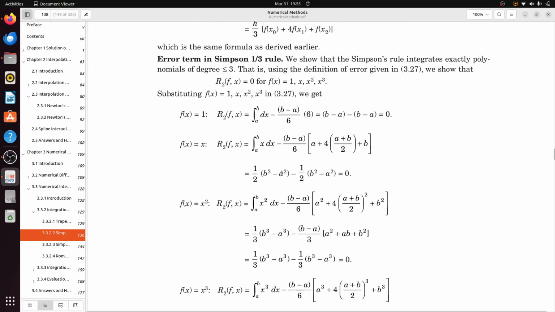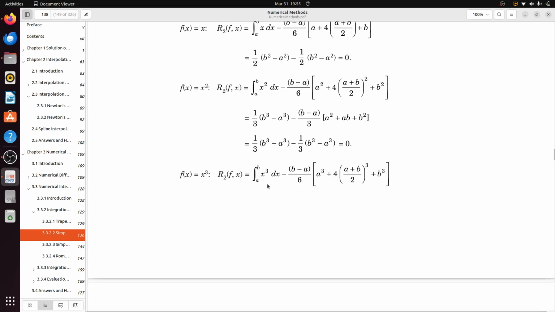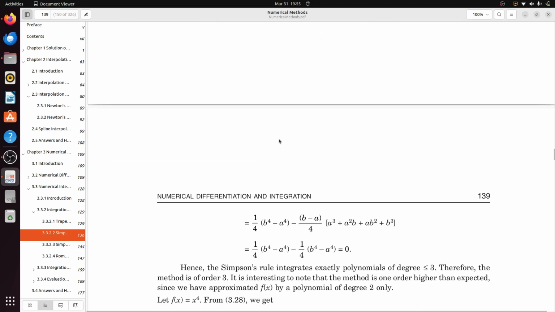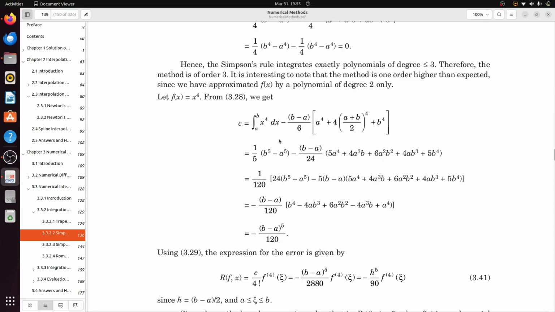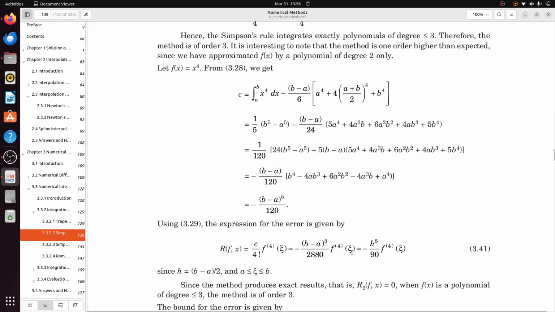Also the error term in Simpson's rule. In Newton's divided difference formula, the error term in Simpson's rule is minus h to the power 5 by 90 f double prime xi, and in trapezoidal it was minus h cube by 12 f double prime xi. So composite integral के लिए क्या होगा?